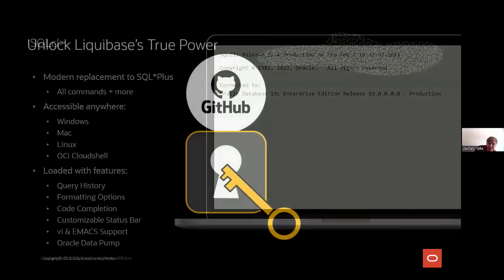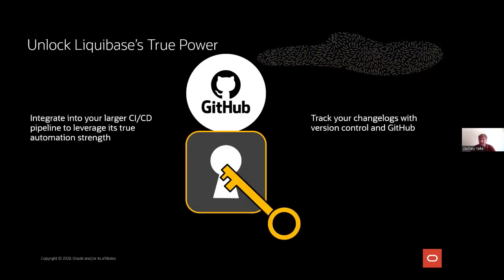So if we were to talk about SQLcl Liquibase and not mention development pipelines, it'd be a real shame, because a lot of Liquibase's true power that you can leverage is in the ability to use this as a puzzle piece in your larger CI/CD pipelines.